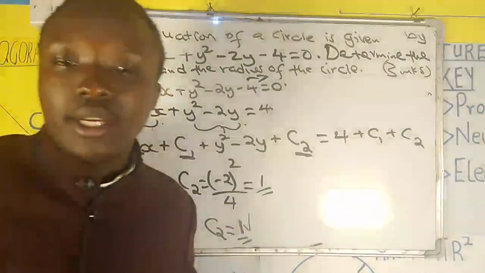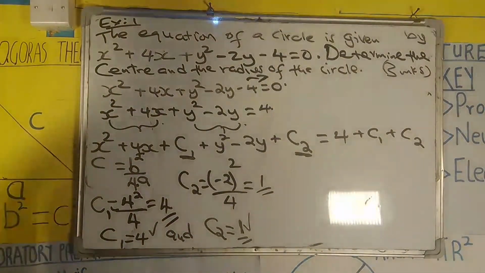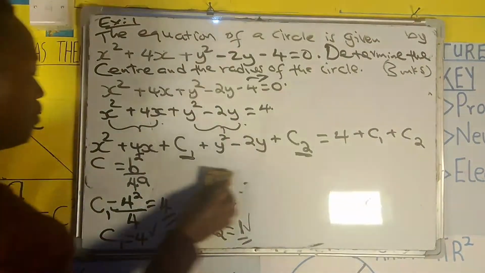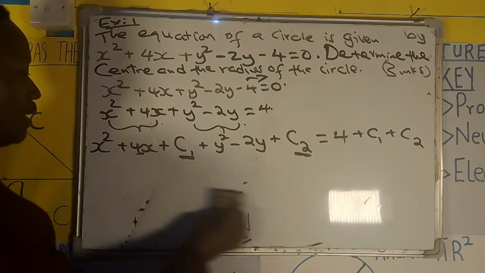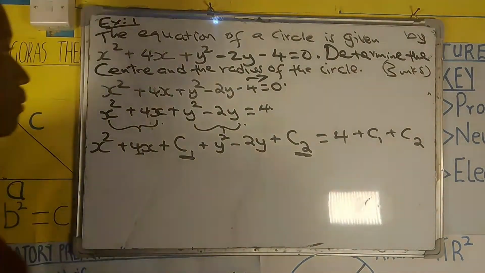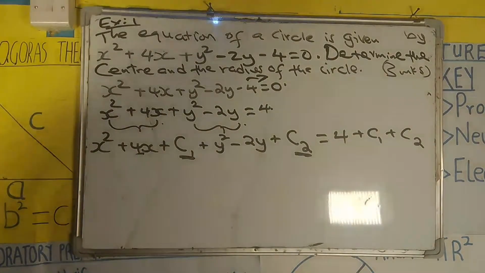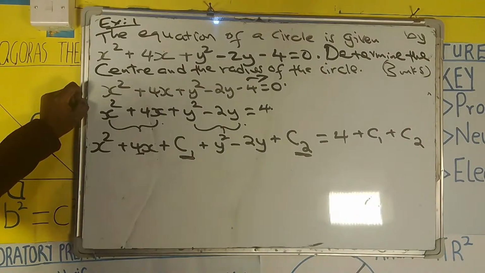We have completed the square. The reason why we have completed the square is because we want to have a perfect square. And don't forget, we are determining the center and the radius.